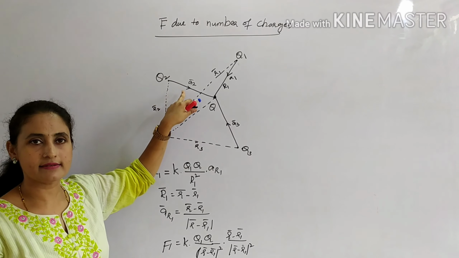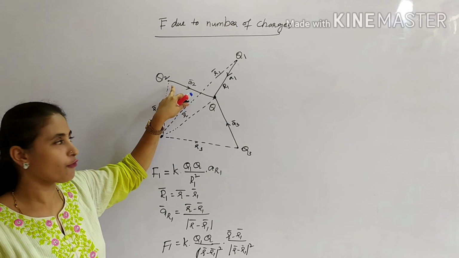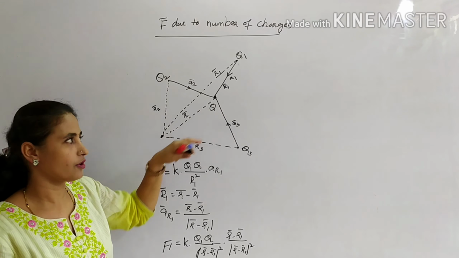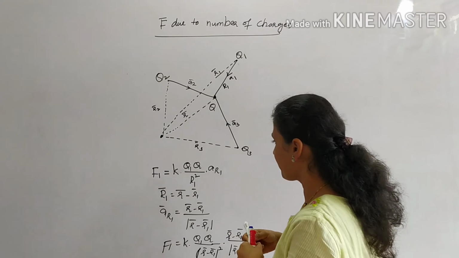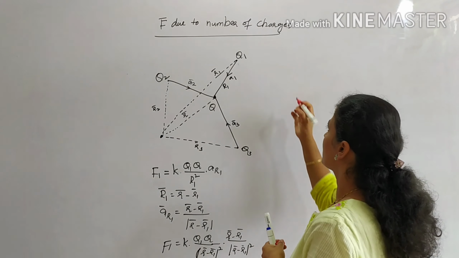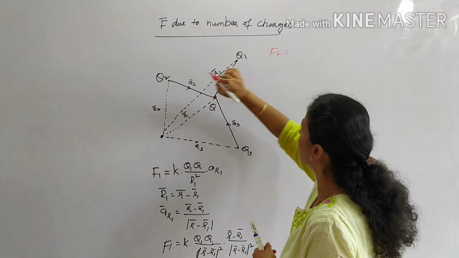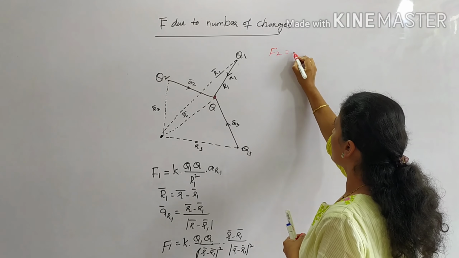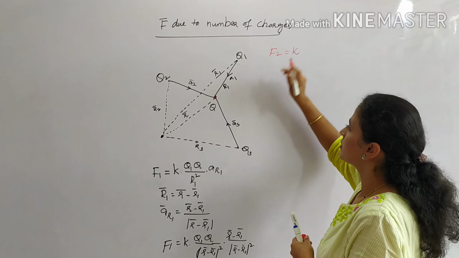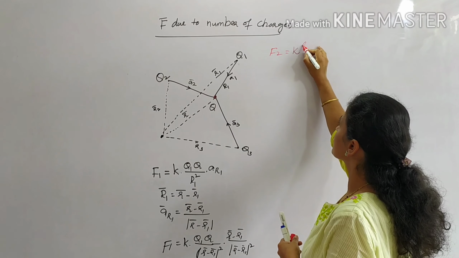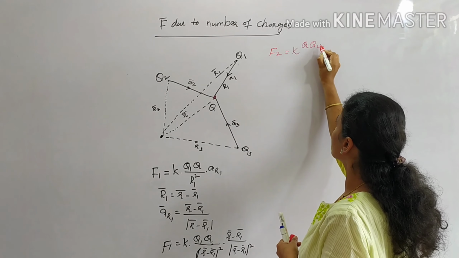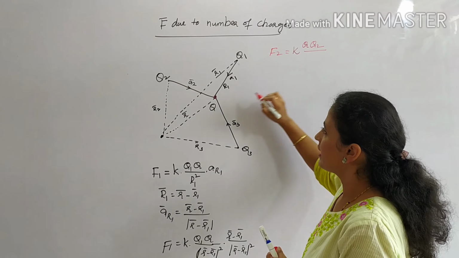Now let us consider the force by Q2 on Q, which is indicated by F2. F2 is the force on Q due to Q2, right? The formula is again the same: K into the product of these two charges, Q and Q2, divided by the square of the distance.